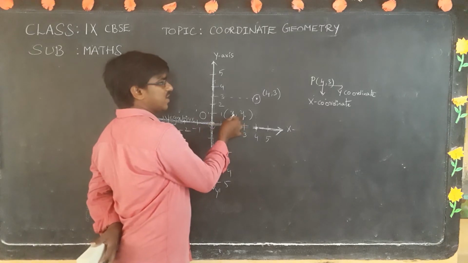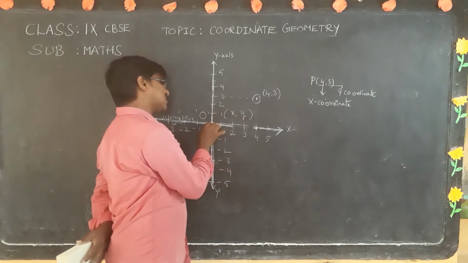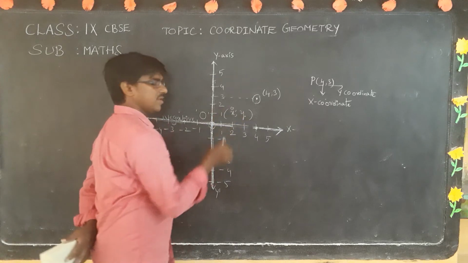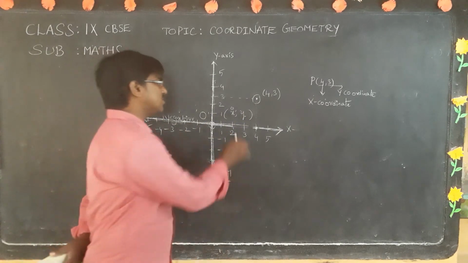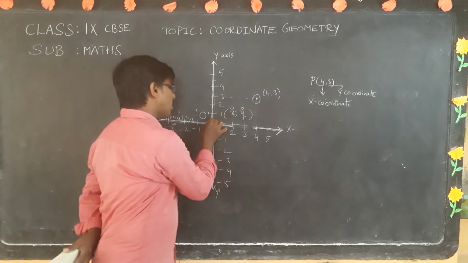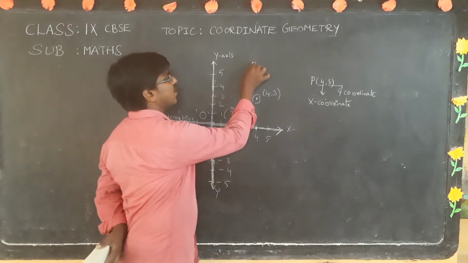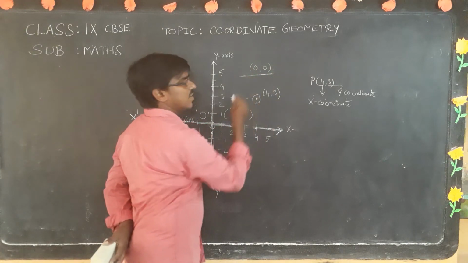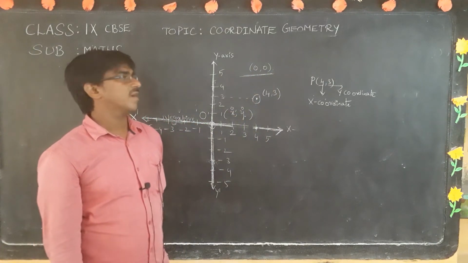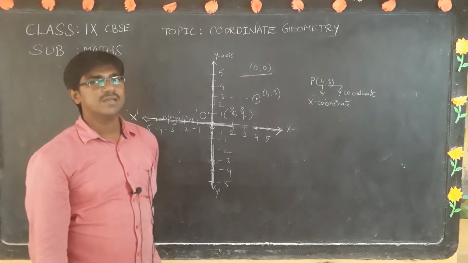X coordinate means the perpendicular distance from the y axis. That is nothing but 0. In the same way, the perpendicular distance from the x axis, that also is 0. So the coordinates of the origin are 0 comma 0.